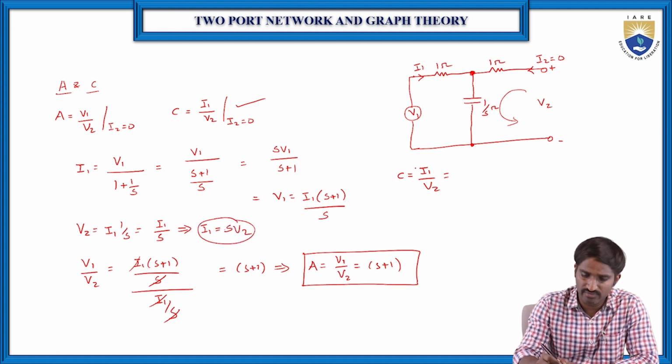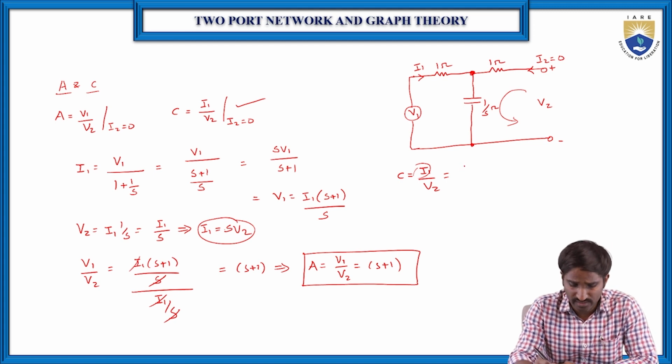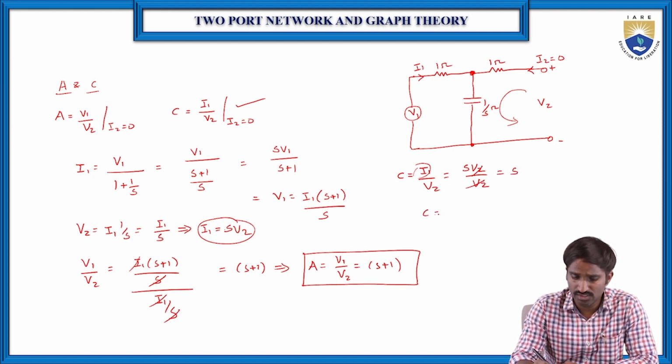Then S into V2 by V2, V2 gets cancelled, and you get S. So C is equal to I1 by V2, which is equal to S.